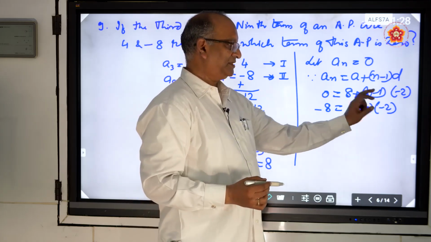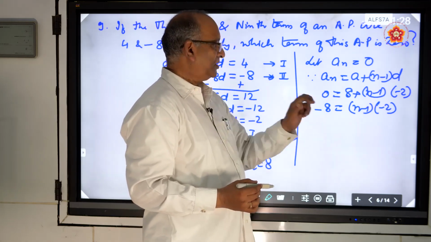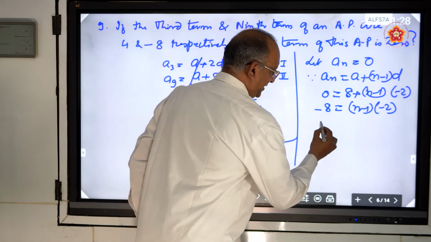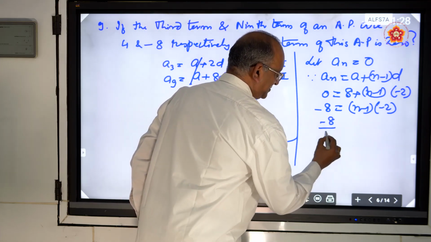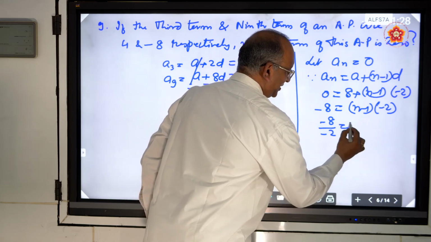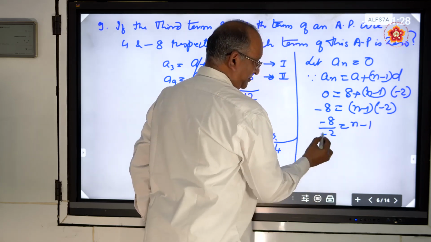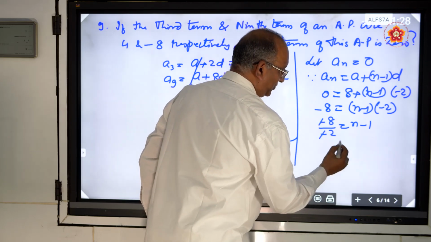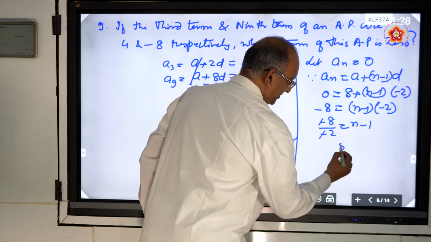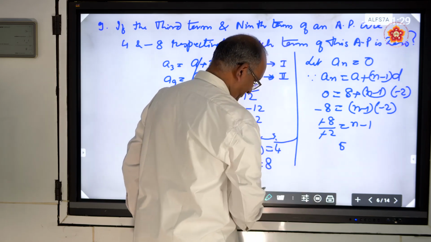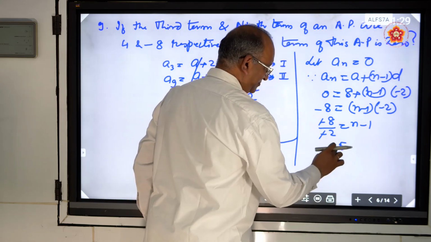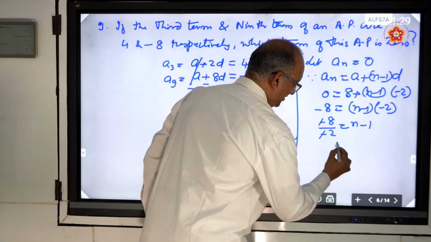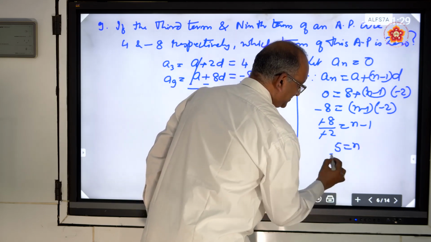Since n minus 1 is multiplied with minus 2, when you take minus 2 to the other side, it will go to denominator, and it is minus 8 by minus 2 equal to n minus 1. Minus will get cancelled, and 8 by 2 is 4. Get that 1 this side, it will become 5. We have 5 equal to n.